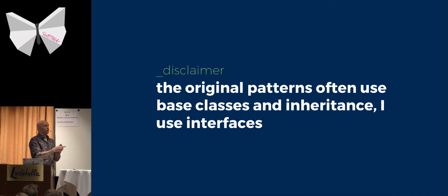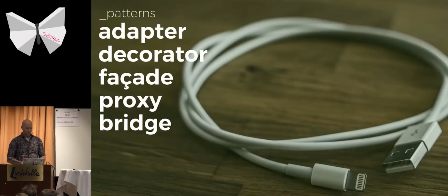So they're all based on base classes and inheritance and all of that. With modern stuff like C#, we can use interfaces instead of inheritance and a few things. So my samples are slightly more modern versions of the originals when there is original inheritance and stuff in the system.